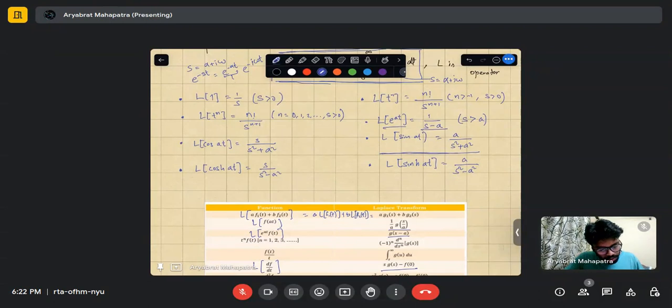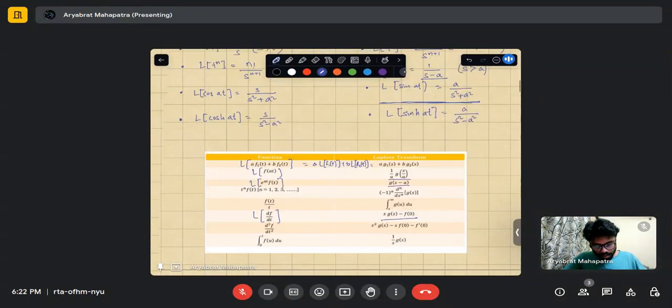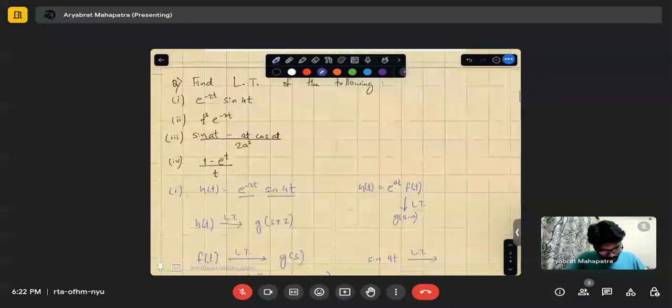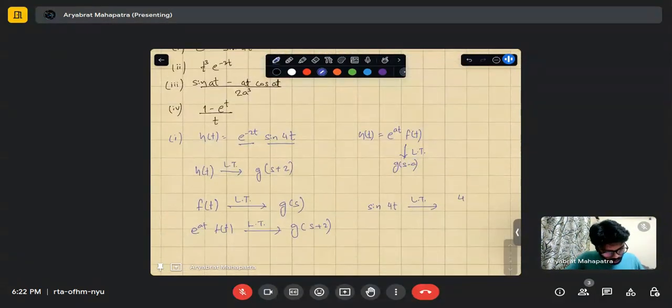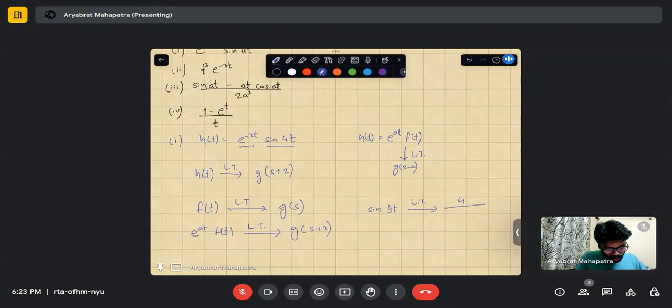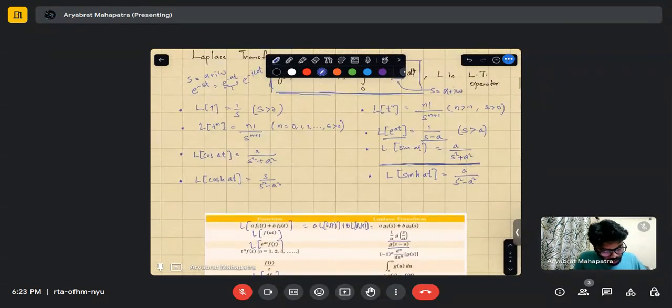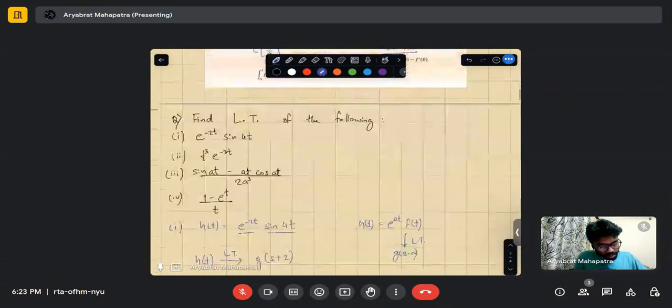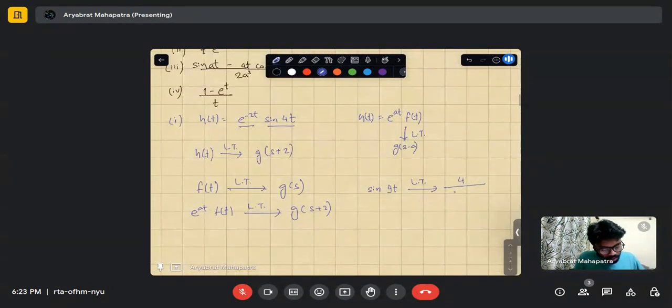You can use the result that the Laplace transform of sin(at) is a over s squared plus a squared. According to that formula, your a is 4, so that gives 4 over s squared plus a squared, and again a is 4, so that is 16.